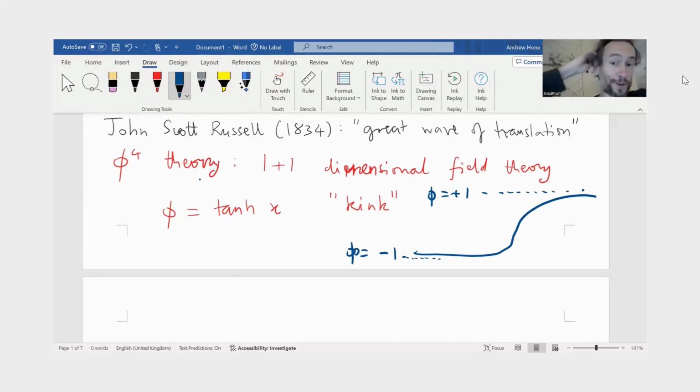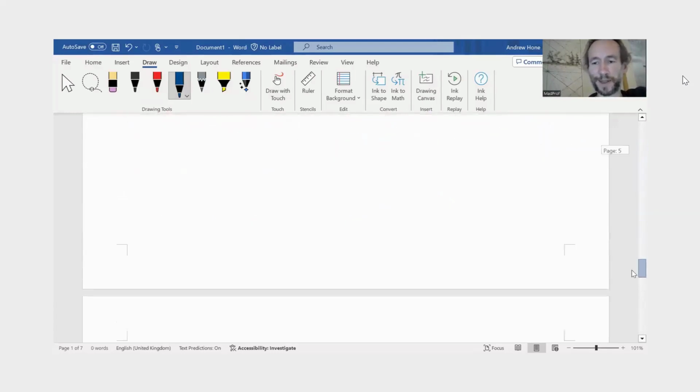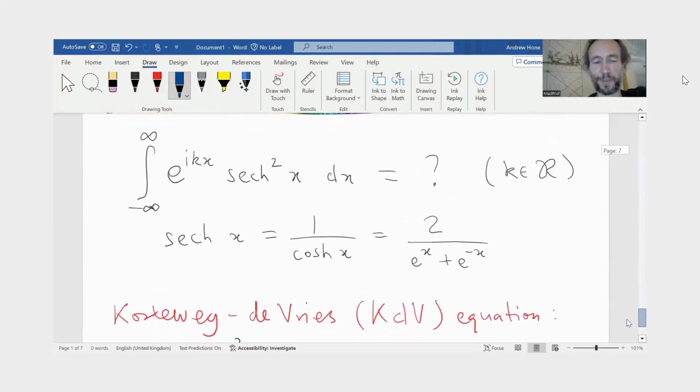And then it turns out that if you look at this problem about oscillations around the kink, then one of the things that appears is precisely this integral that I started off with. So this is a complex integral with now a wave number k, and in fact a particular value of k that appears in the kink oscillations.